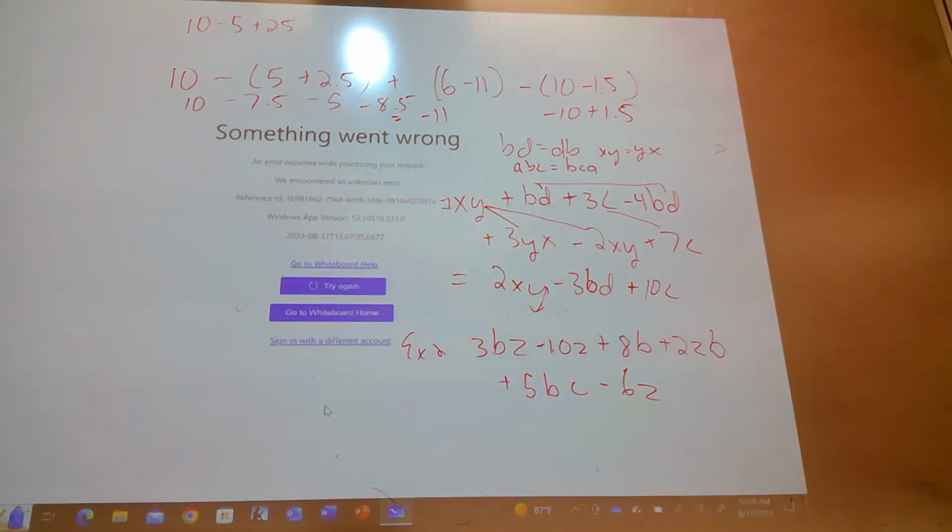Those are the ones you can combine. If the letters are reversed, they're still exactly the same.